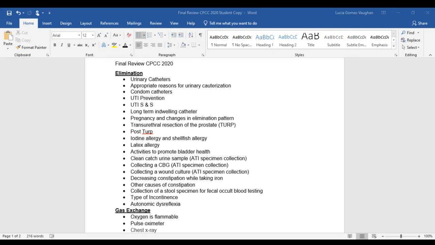We never put a catheter in somebody just because of incontinence. It's an unnecessary risk for infection. So appropriate reasons are urinary retention, critical illness, surgery. Inappropriate reason is urinary incontinence.